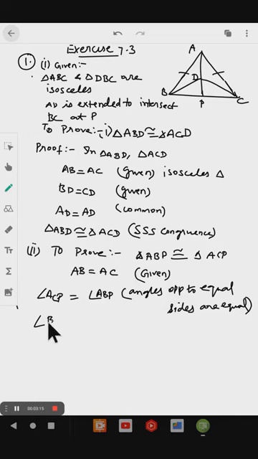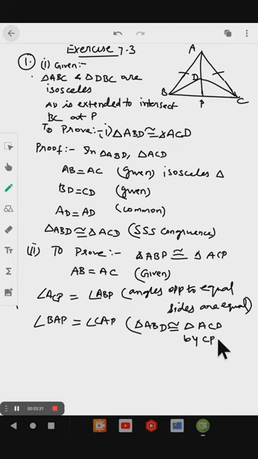So by CPCT, angle BAP equals angle CAP. Now AP equals AP, as it is common.